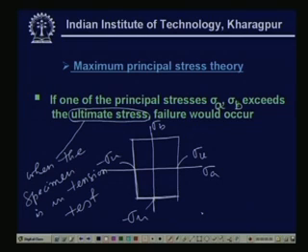As we discussed in the last lecture, brittle materials normally have higher values in compressive stress compared to the tensile test.